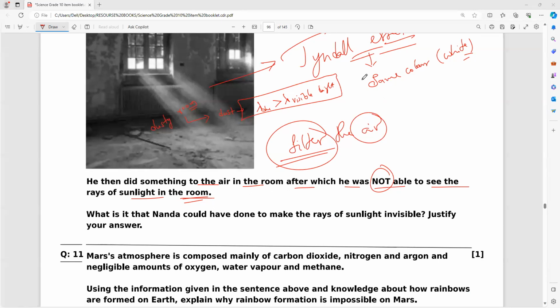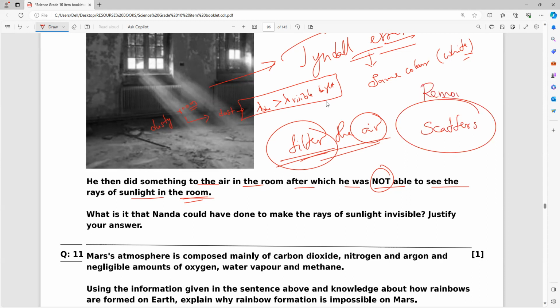If there is no dust particle, there are no scatterers. Removing the scatterers means no Tyndall effect, no scattering of light. Clear, everybody?